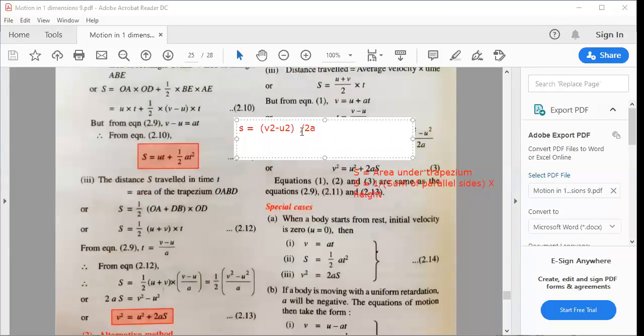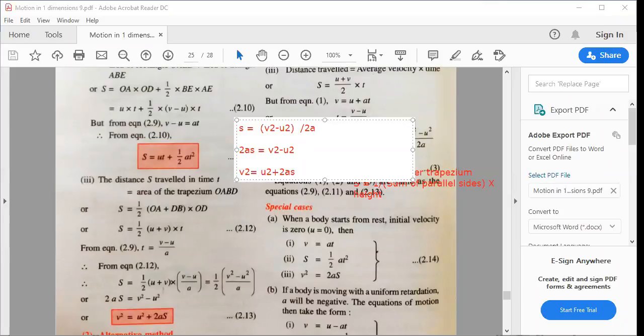So take the 2A on the other side, and 2AS is V square minus U square. So this will become V square is equal to U square plus 2AS. So we get the third formula.